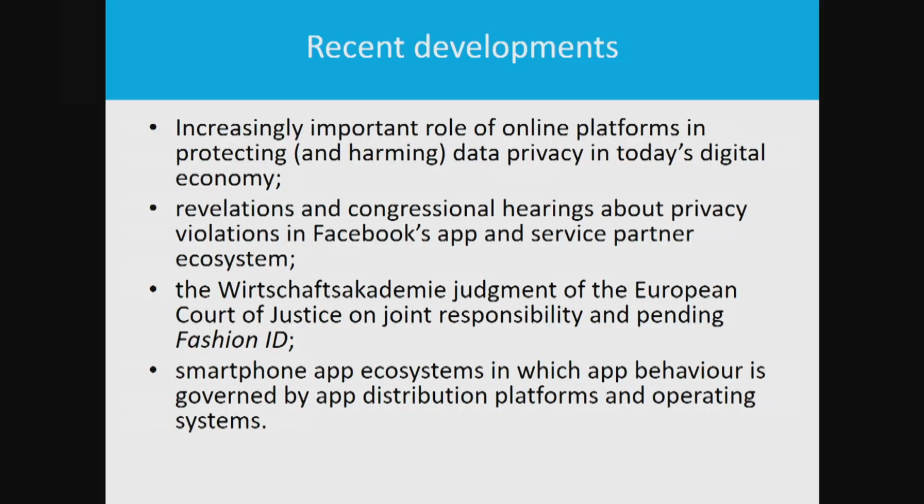So, an increasingly important role of online platforms in protecting and also harming data privacy in today's digital economy. We have already mentioned the revelations about Cambridge Analytica and the ways in which audience platforms like Facebook provide access, in various forms and configurations, to data-driven apps and services.